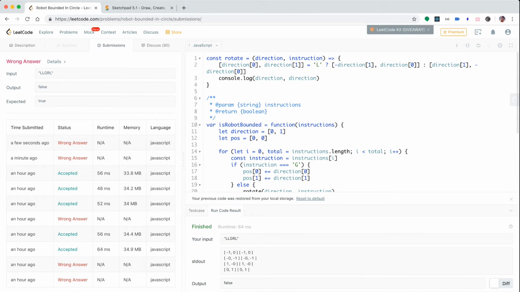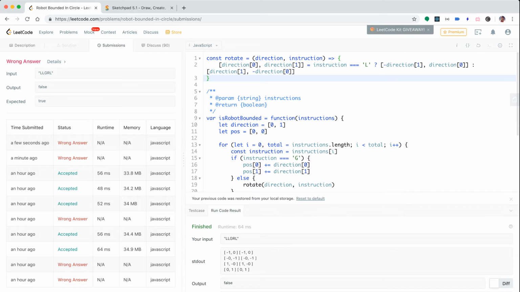And then down, right. And then we are moving right, so it should be, oh, we made a mistake here. My bad.